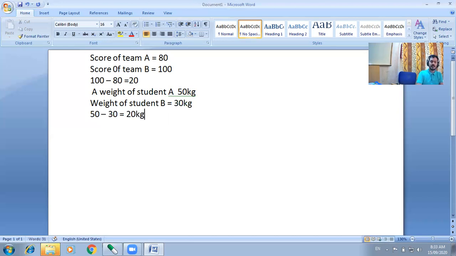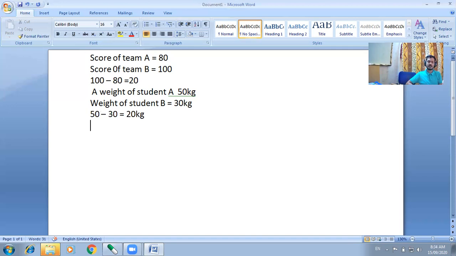We can predict here the weight of student A. It may be any person, Mohan. Suppose the weight of Mohan is 50 kg and the weight of Ram is 30 kg. Then Mohan is 20 kg more compared to Ram.